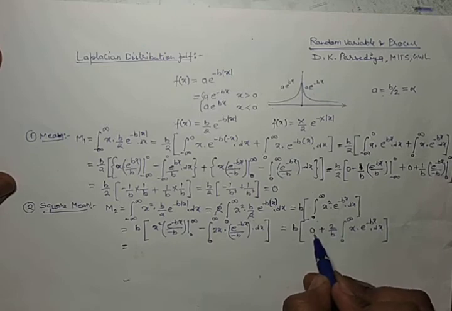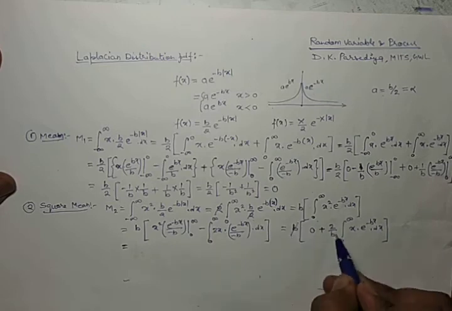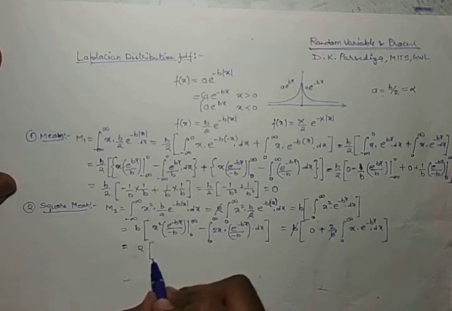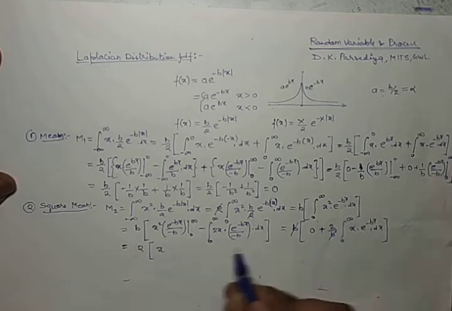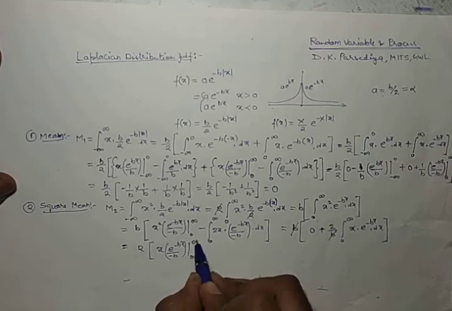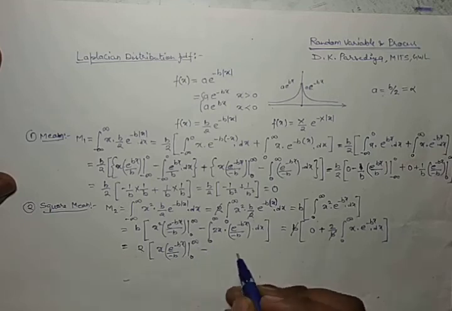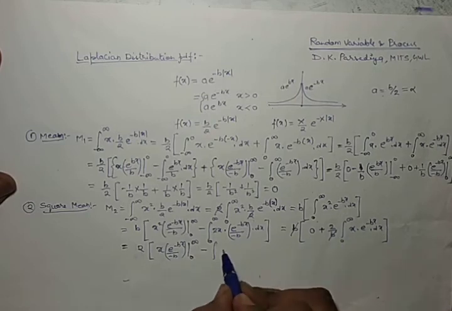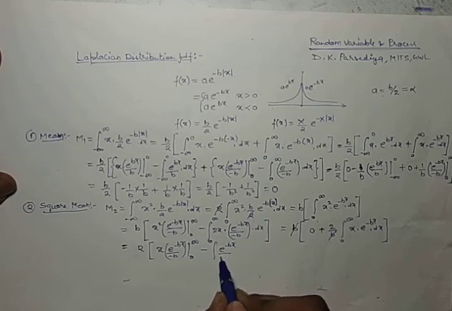So here this 0 is nothing else, so b and b cancel, so 2 is constant. Integration first function, integration of second function e to the power minus bx upon minus b for the limit 0 to infinity, minus integration of differentiation of x is 1 and integration of e to the power minus bx upon minus b is e to the power minus bx upon b dot dx.